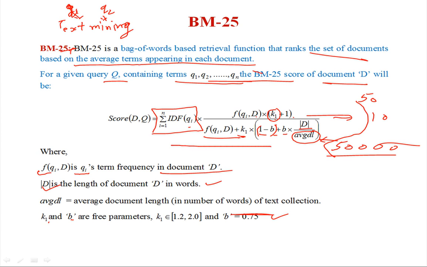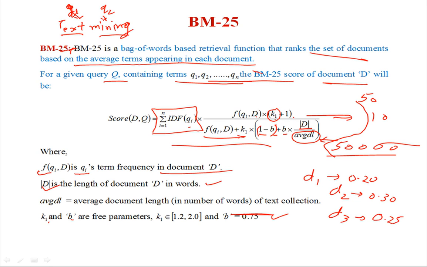And based on the BM25 score, now suppose for the two words text and mining, document D1's BM25 score is 0.25, document D2's score is 0.30, and document D3's score is 0.25.